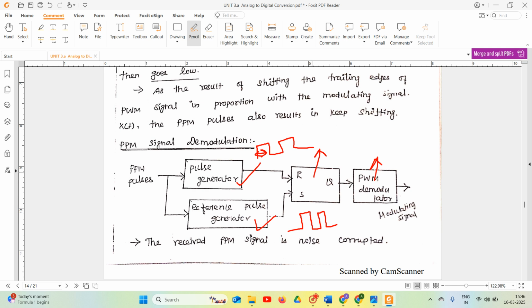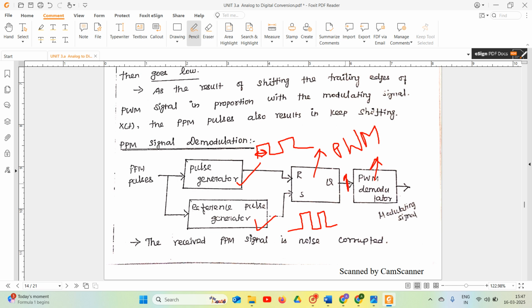So based on the triggering pulses, we will get the PWM signal. Here it generates the rectangular pulse. We call that one PWM pulses.